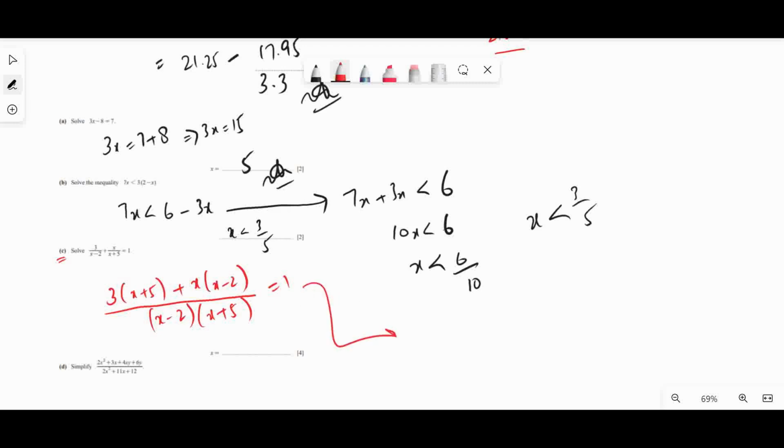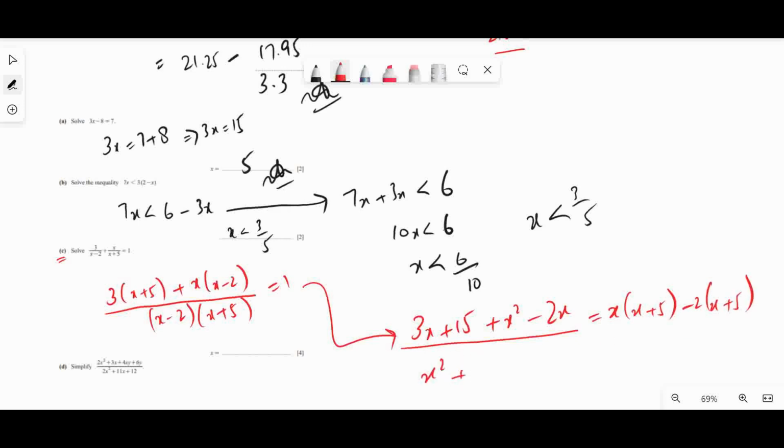So this will be 3x plus 15 plus x square minus 2x, whole divided by, now if we multiply it, we can multiply it over this side. So this will be x into x plus 5, then minus 2 into x plus 5. If we rearrange it, this will be x square plus x plus 15. We don't need this line because we have shifted it to the other side.